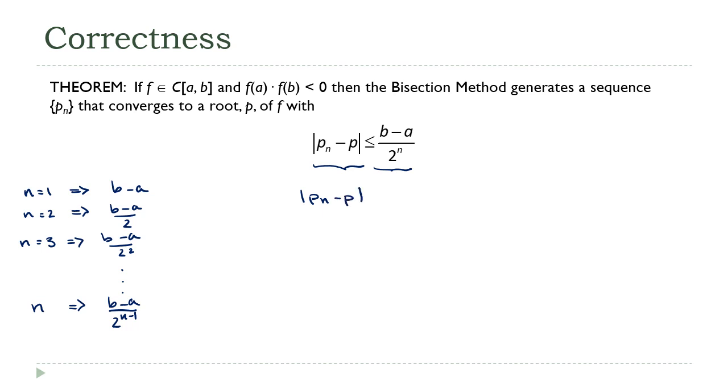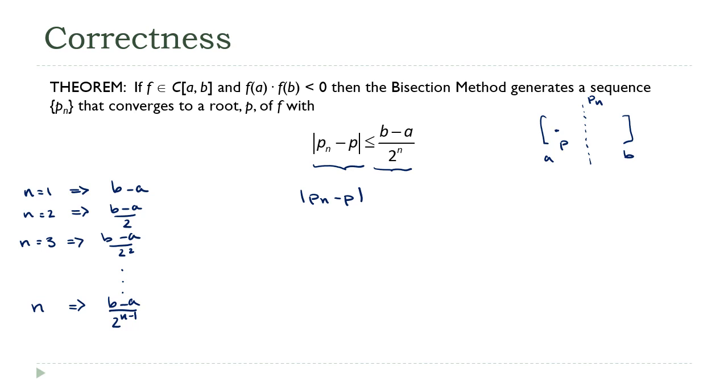Okay, that's the distance between the midpoint of our interval, p sub n, and the actual root. So our interval looks like this at this point, and our midpoint is here. And the actual root, I don't know, it's in here somewhere.